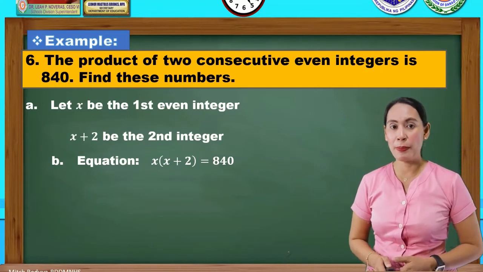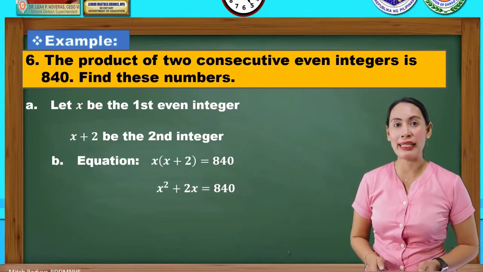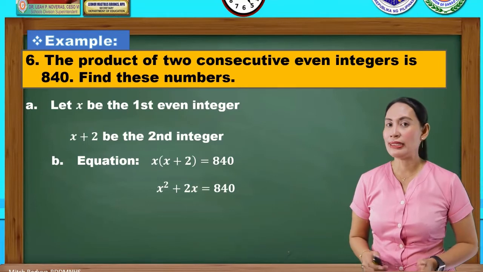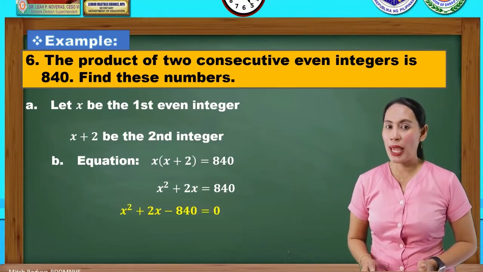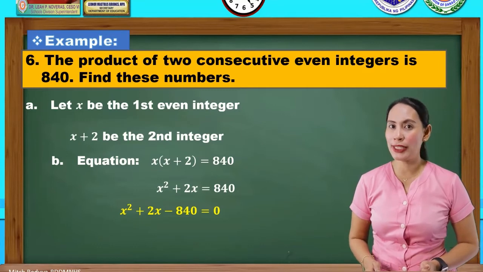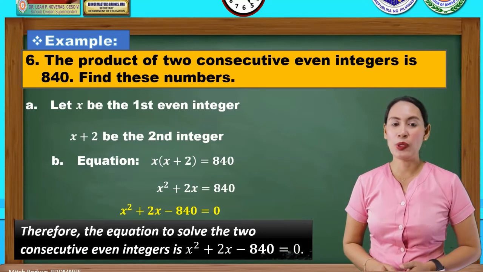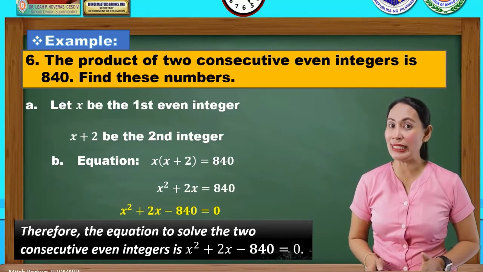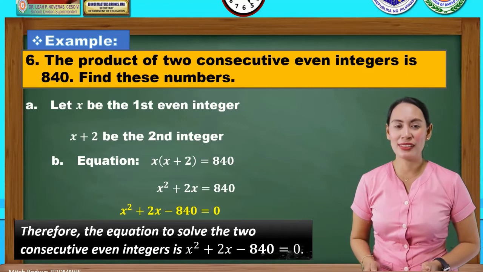By distributive property, we have x squared plus 2x equals 840. So the standard form is now x squared plus 2x minus 840 equals 0. Therefore, the equation to solve the two consecutive even integers is x squared plus 2x minus 840 equals 0.